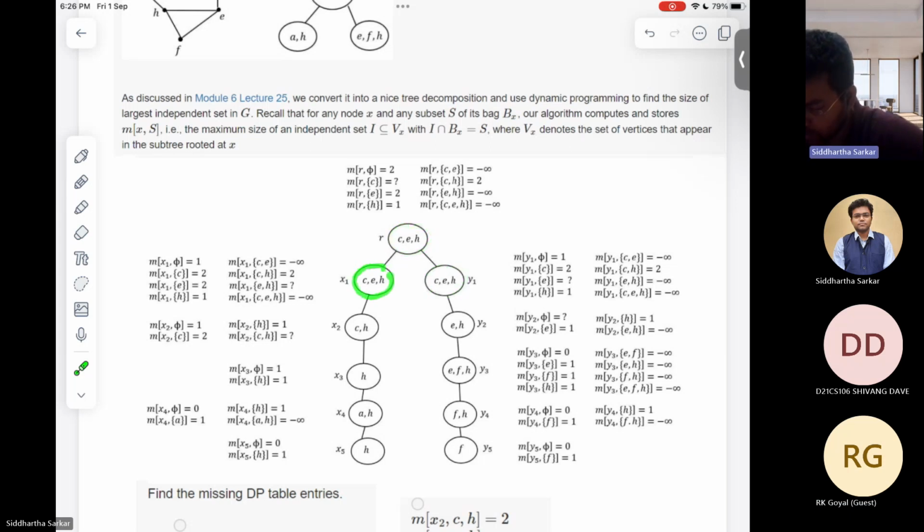How about x1? This is an introduce node, introducing E. As we can see, these two are introduce nodes.